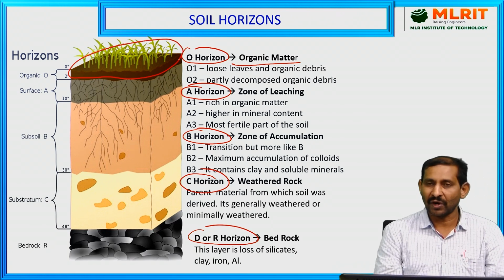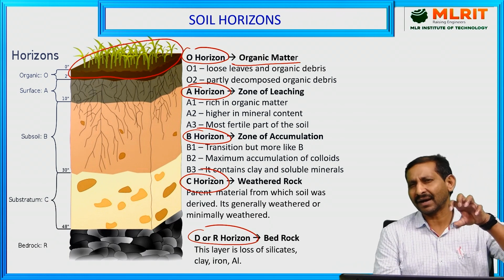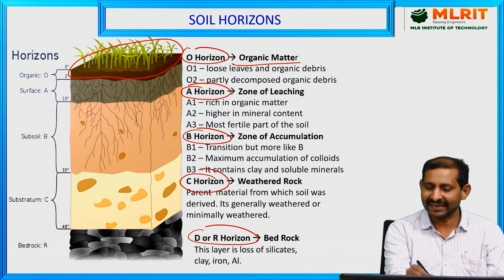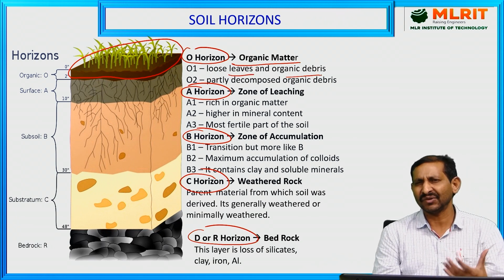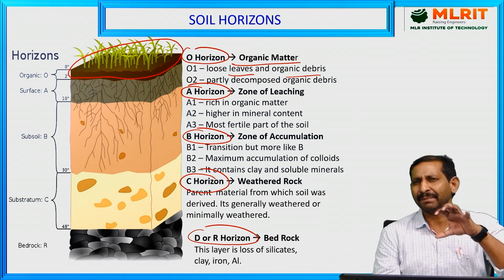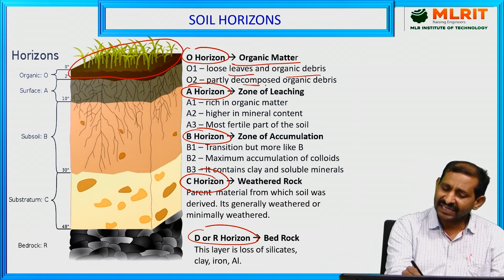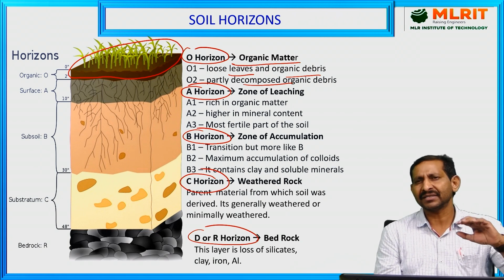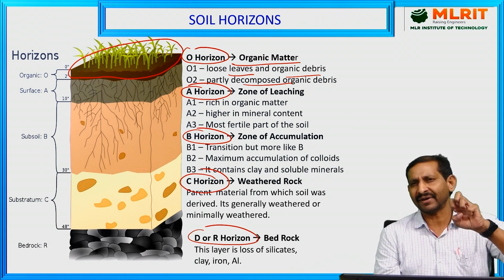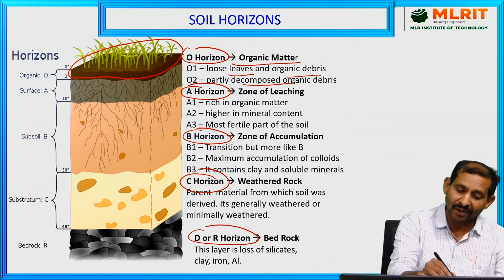It mainly consists of organic matter like loose leaves and organic debris, wood and leaves, and partially decomposed organic debris, not completely decomposed. That top layer is called the O horizon.